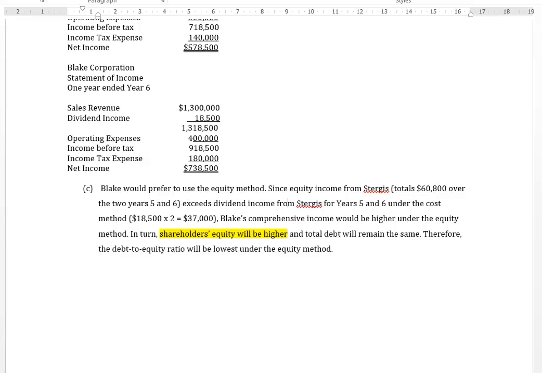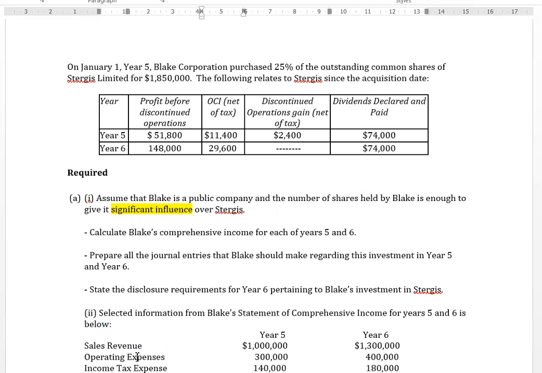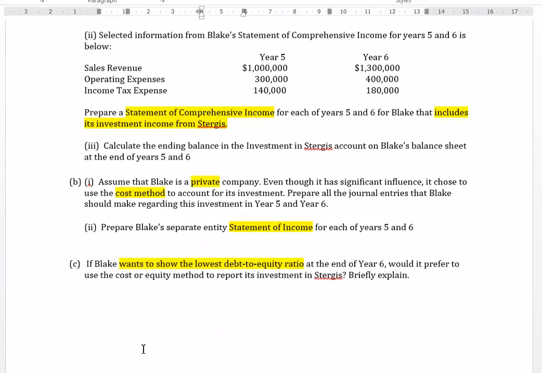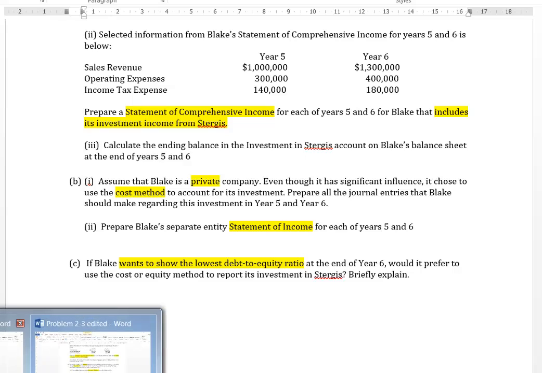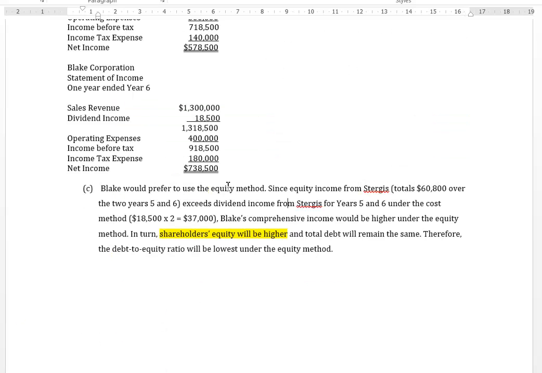Now, Part C of the question said, if Blake wanted to show the lowest debt-to-equity ratio at the end of year 6, would it prefer to use the cost or the equity method to report its investment in Sturgis? Briefly explain. So let's go back to our solution here. Certainly they'd prefer to use the equity method.